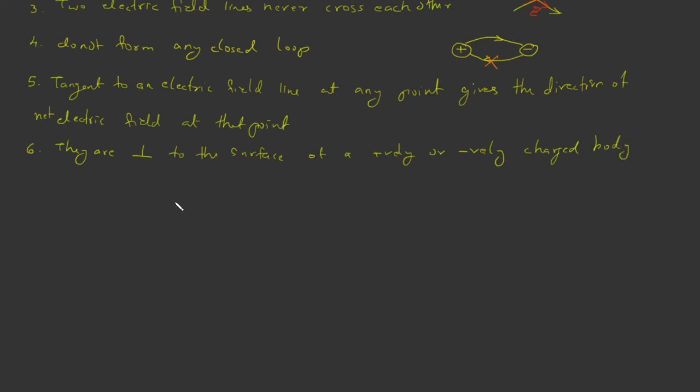That is, if you are considering a charged body like this, then the electric field lines will be like this. If it is a negatively charged body, then there also we get electric field lines which are perpendicular to the surface.